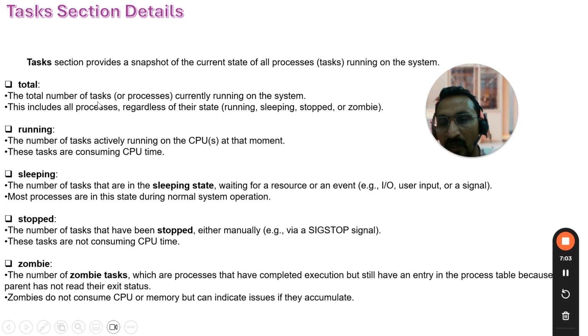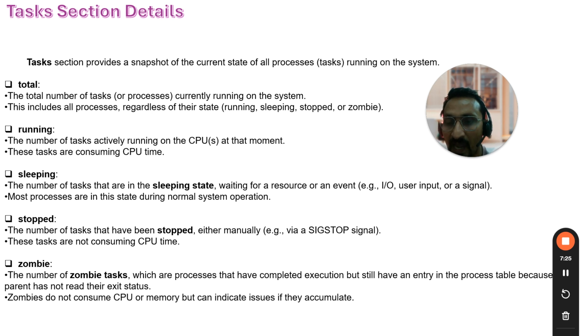So what this total number indicates is how many processes are currently on my system. This can include everything, all process states, from running to sleeping to stopped or zombie. All the processes on my system are counted in this total.